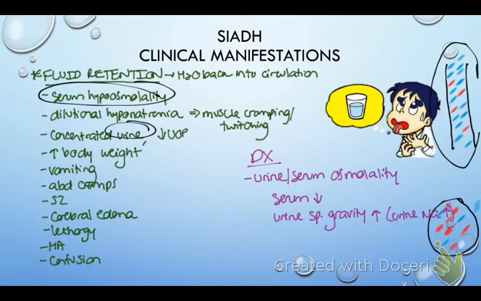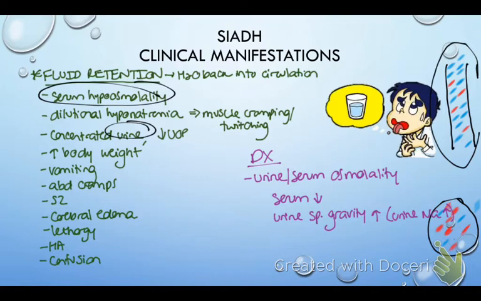So the urine specific gravity will be above 1.030. The serum sodium, intravascularly, is going to be low, below 135. But your urine sodium is going to be high.